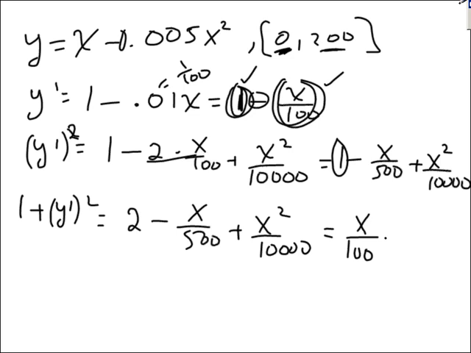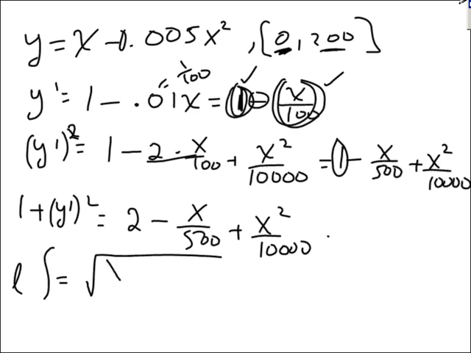Okay, what you're going to have to do here is the following. The arc length L is equal to the square root of, I'll just say the x squared term first.